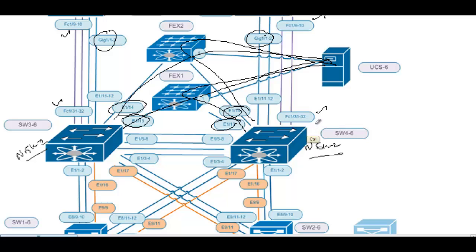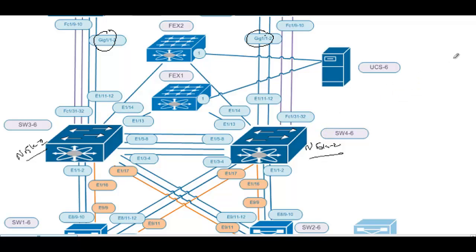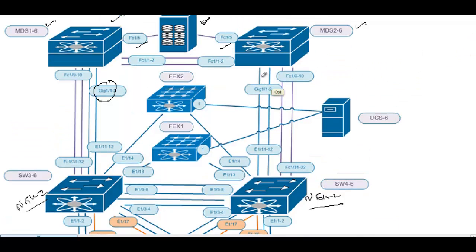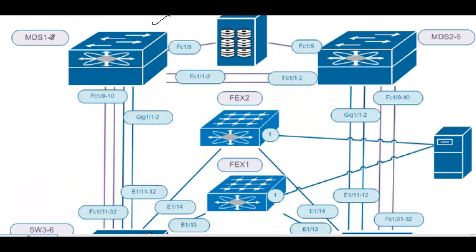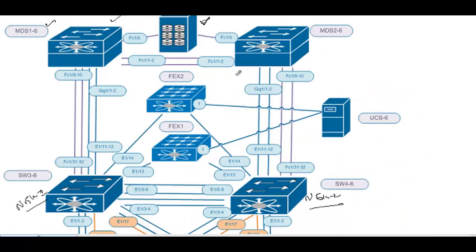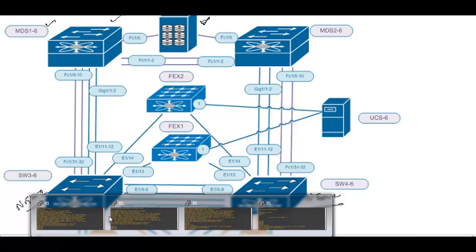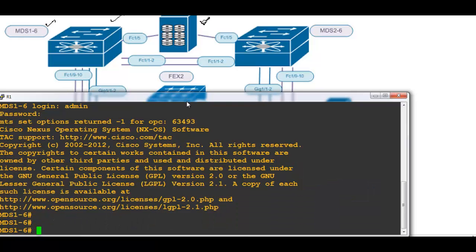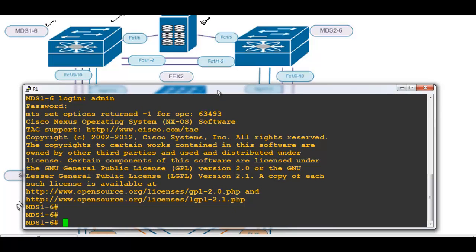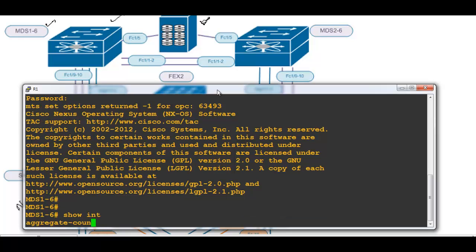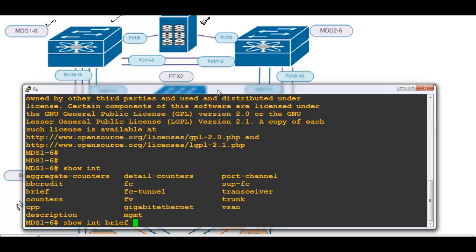Now before going that far, we are going to learn some more fundamental things. I'm going to start from MDS1. So this is our MDS1. Right now, if you see show interface brief, it's the same as on your switch.